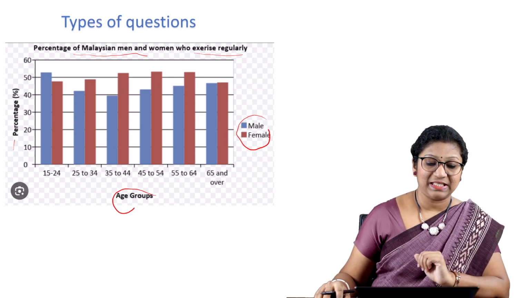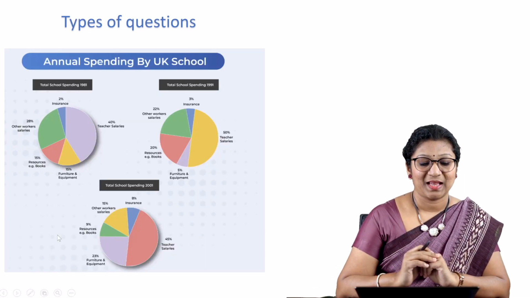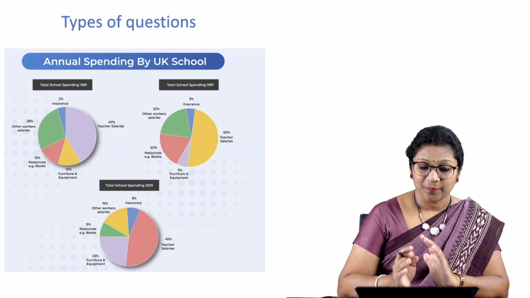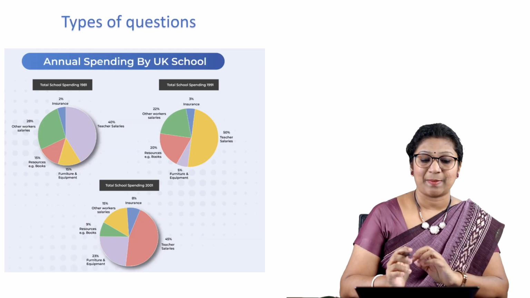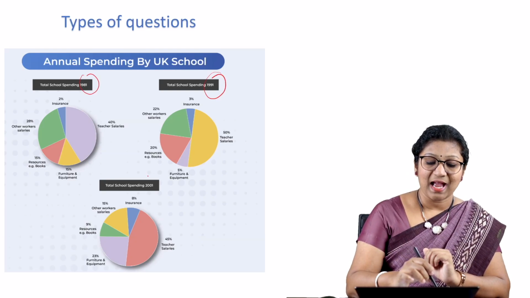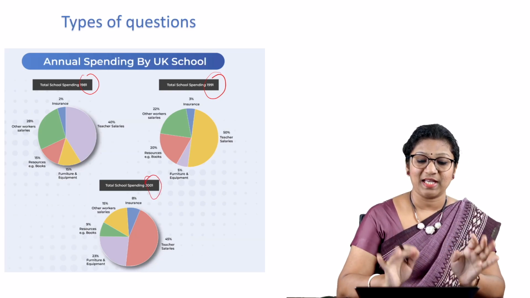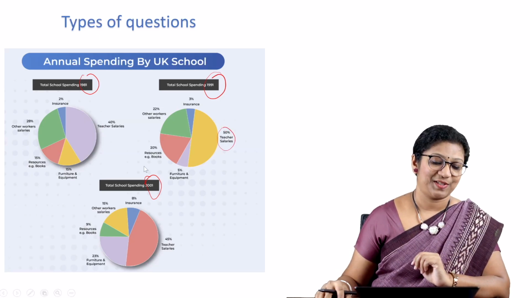Another type of question is a pie chart. Again, here it shows annual spending by UK school, and you have spending by this particular school in three different time periods: 1981, 1991 and 2001. The different variables are plotted on the pie chart and data is given in percentage.